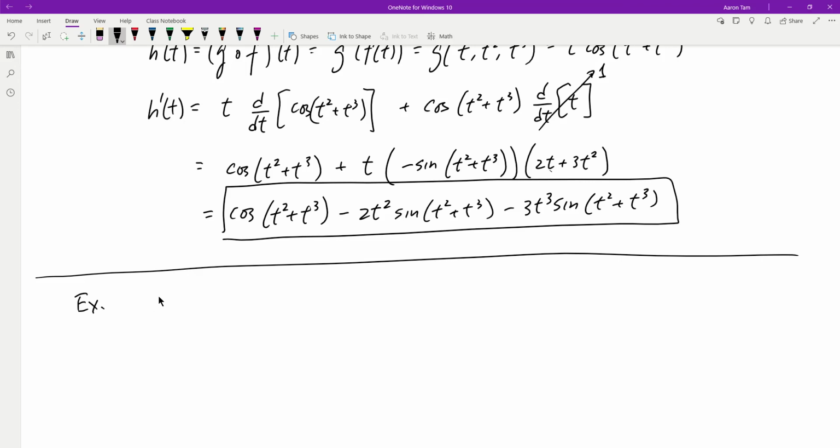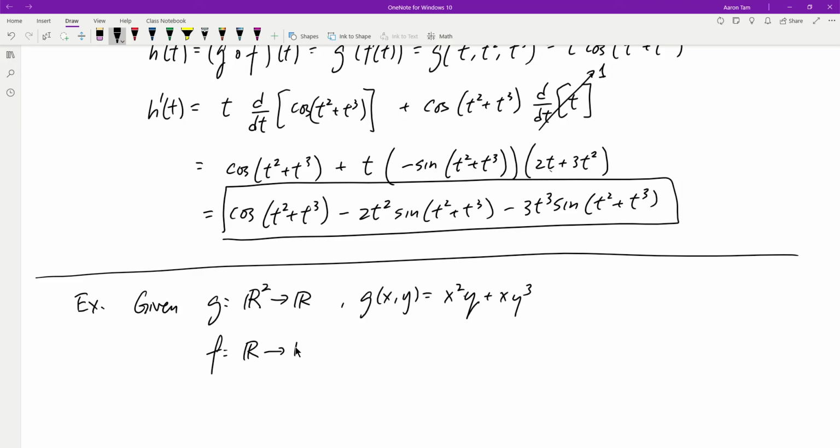Let's say we're given a function g, which maps from R2 to R, with g of x y equal to x squared y plus x y to the third. And let's define a function f that goes from R to R2, and let's say the function f of t is negative t plus 2 and t plus 3.